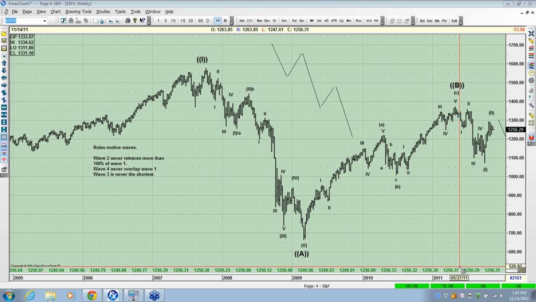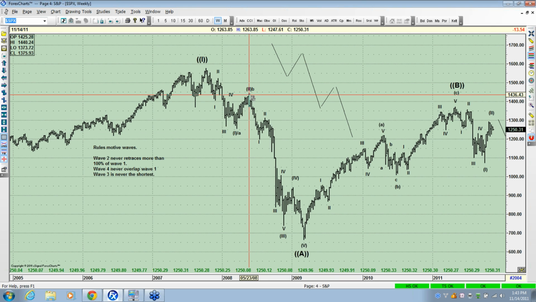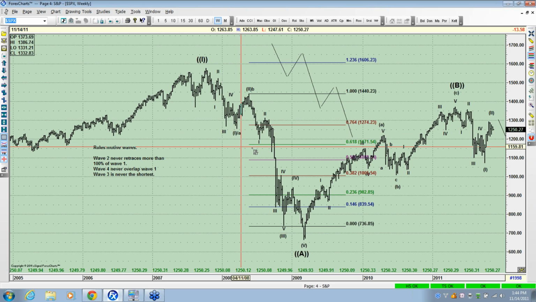If wave 3 is extended, me personally, when I enter wave 5 of the cycle, I put my stop not at the overlap, my stop goes to the 50% retracement.